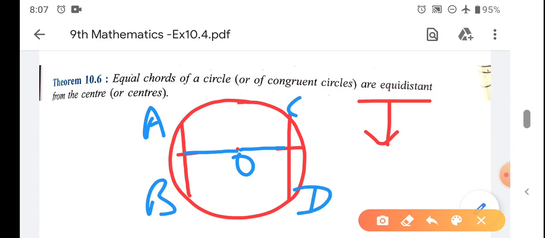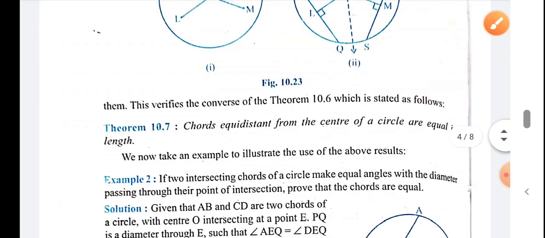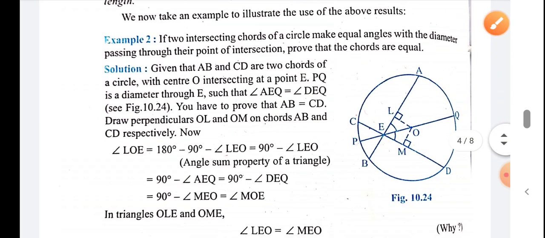And the converse of this theorem is that if the distance is equal, then chords are also equal. So if the chords are equal, then the distance from the center is equal, and if the distance is equal, then chords are also equal. So let us understand example number 2.